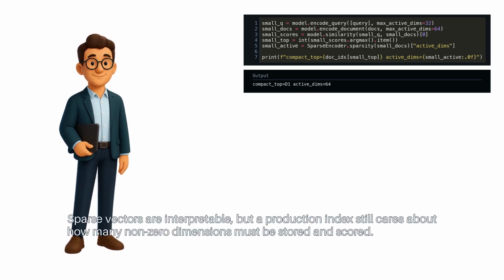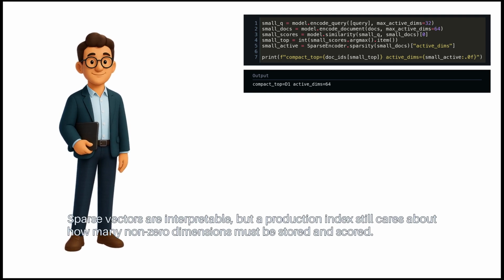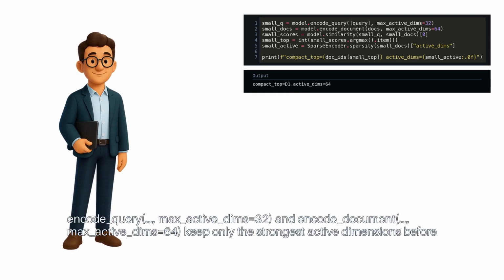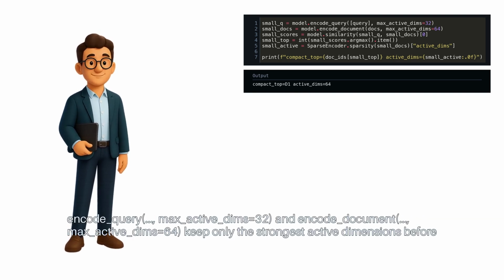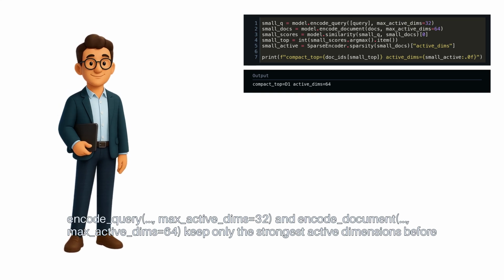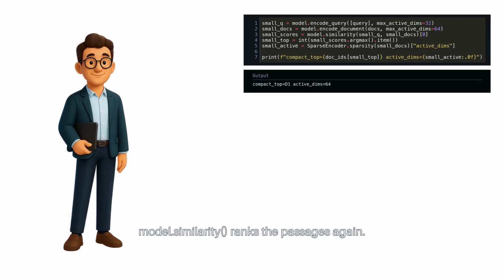Sparse vectors are interpretable, but a production index still cares about how many non-zero dimensions must be stored and scored. encode_query with max_active_dims 32, and encode_document with max_active_dims 64, keep only the strongest active dimensions before model.similarity ranks the passages again.